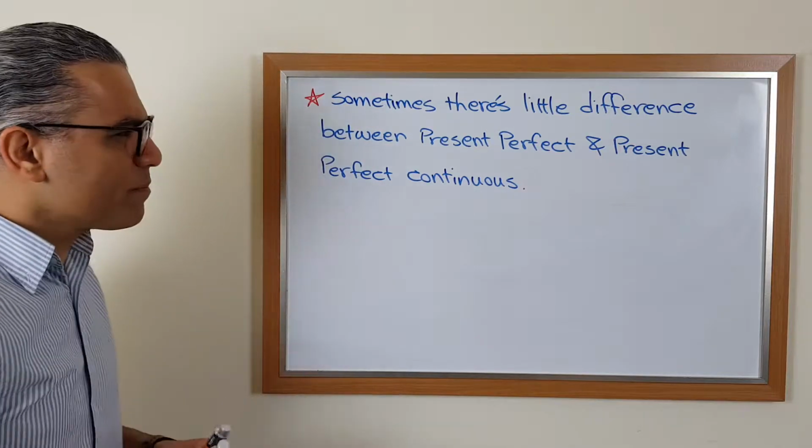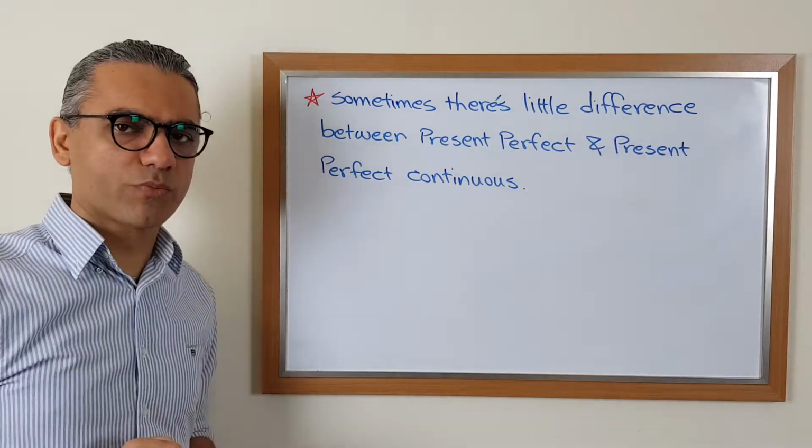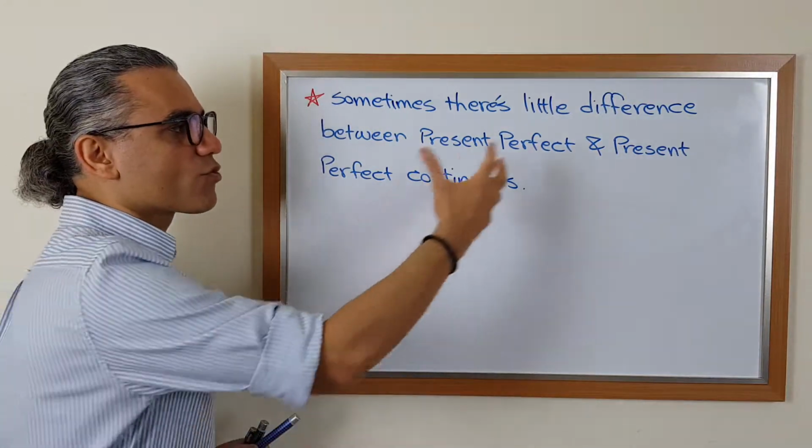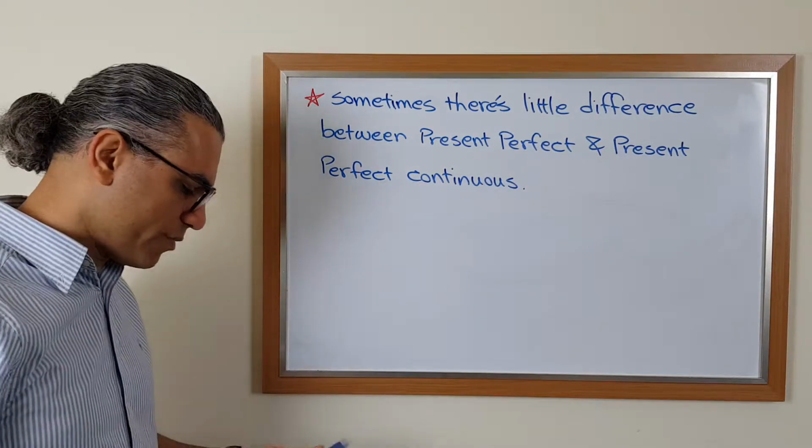And again, sometimes there is a little difference between present perfect, or sometimes we call it present perfect simple, as opposed to present perfect continuous. Let me give you an example.